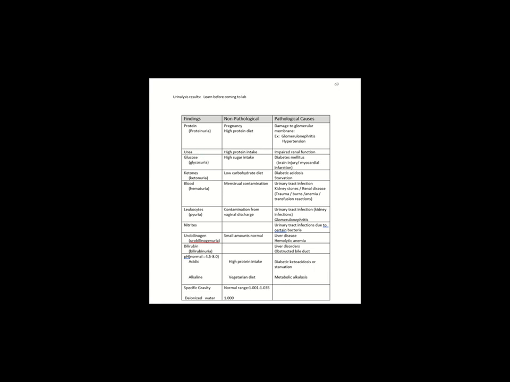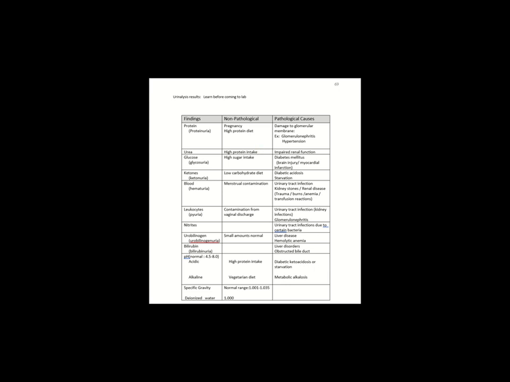Next, urea. Well, we should find some urea in the urine. Urea is a byproduct of protein metabolism, and it does show up in the urine naturally, but only a certain amount. If we find too much urea, a non-pathological cause for that could be just, again, high protein intake.